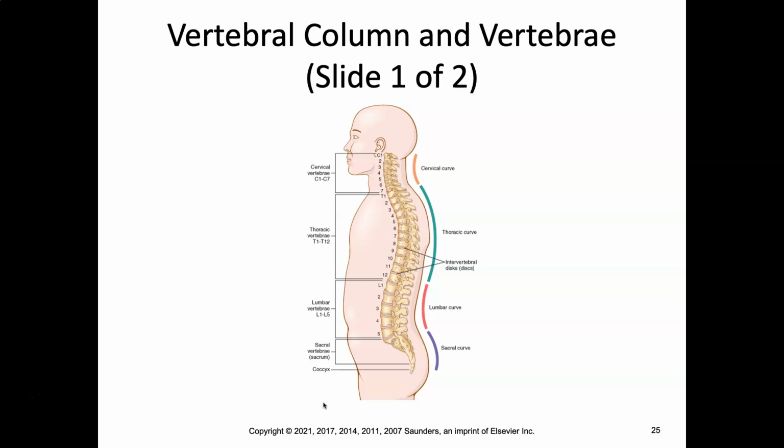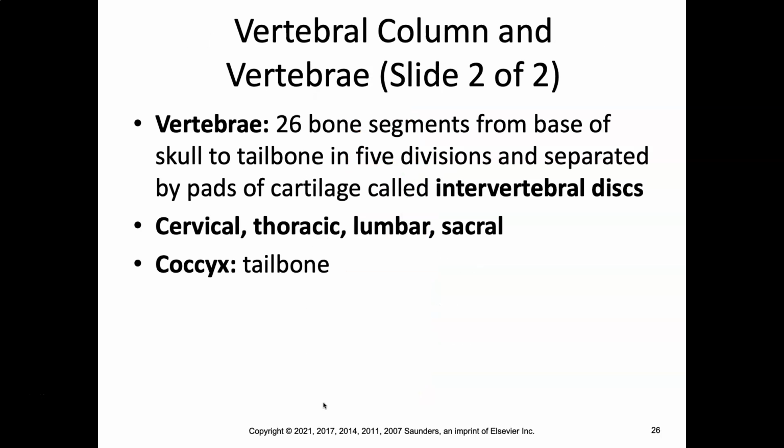And then your sacral vertebrae is made up of just the sacrum, and then at the very bottom is your coccyx bone. And that, have you ever heard of your tailbone? That is all that piece there. So you have 26 bone segments from the base of your skull to your tailbone. They're in 5 divisions, and you need to know all this.